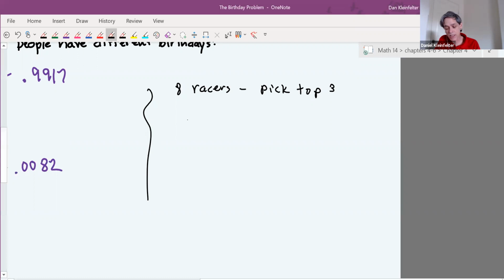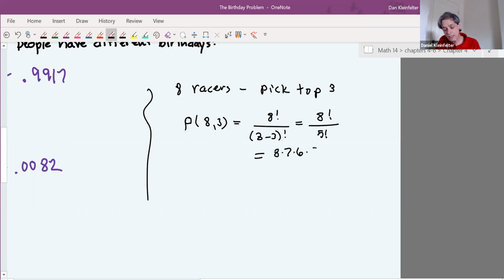So it's permutations, and we saw that that was going to be P(8,3). If you go through the formula, that's 8 factorial over (8 minus 3) factorial, 8 factorial over 5 factorial. And that's 8 times 7 times 6 times 5 factorial. And then we saw that that 5 factorial in the denominator canceled, leaving us 8 times 7 times 6.